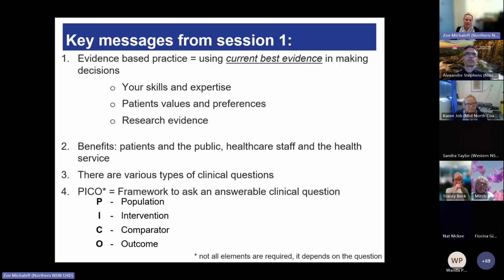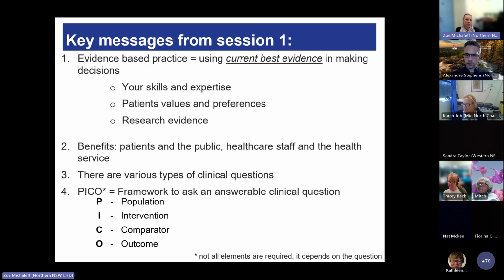We found out that there's lots of benefits for a research active health service, both for the patients and public, healthcare staff and the healthcare service. We've identified that there are various types of clinical questions that you can ask. These might be descriptive questions, predictive questions, or around causation or treatment effectiveness questions.